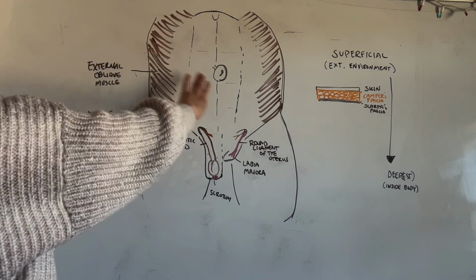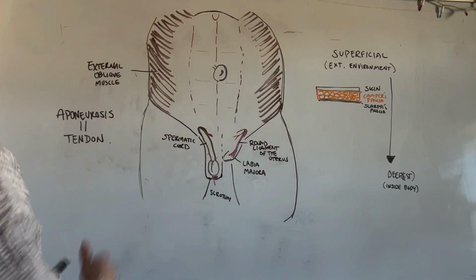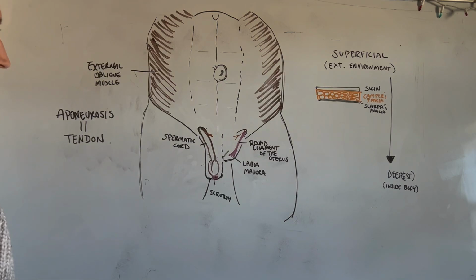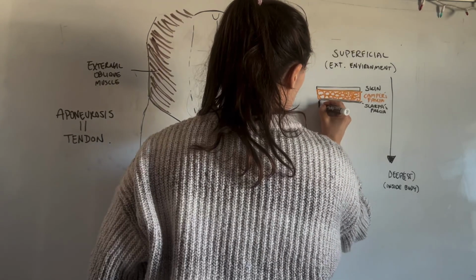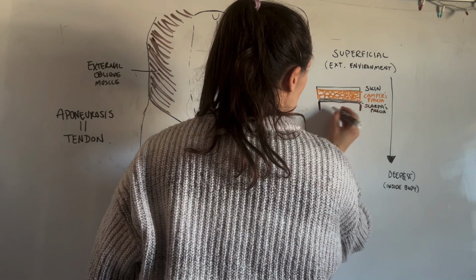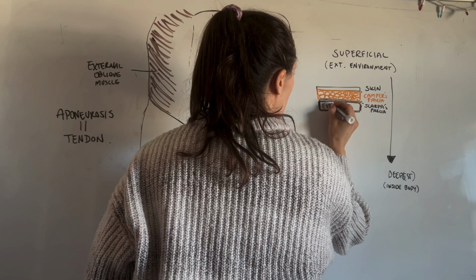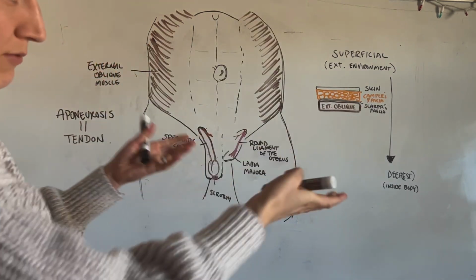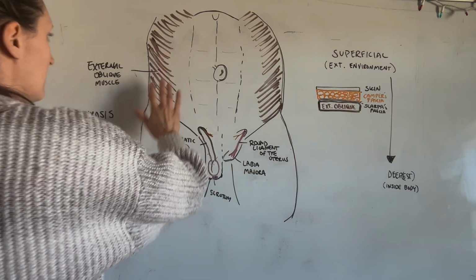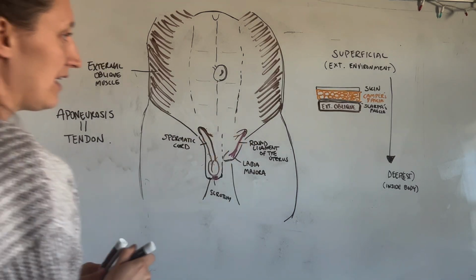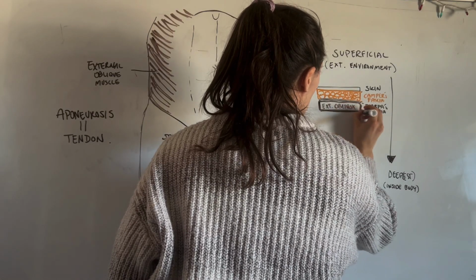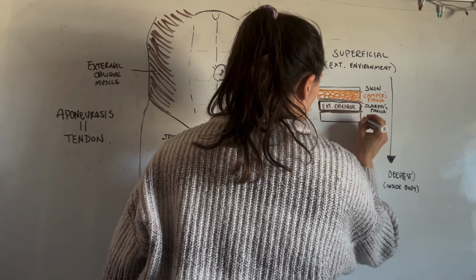So our external oblique muscles are our most superficial muscles in the anterior abdominal wall. So we're putting them into this picture as well. The first muscle we run into is our external oblique, and its aponeurosis. Now, just deep to this is our internal oblique. We might have some fascia in between because there's usually investing fascias in these areas.